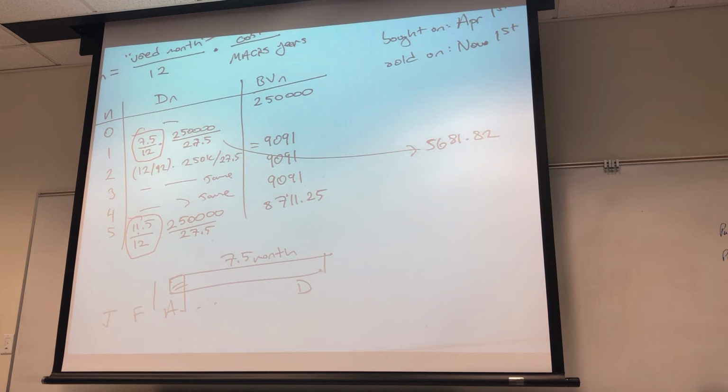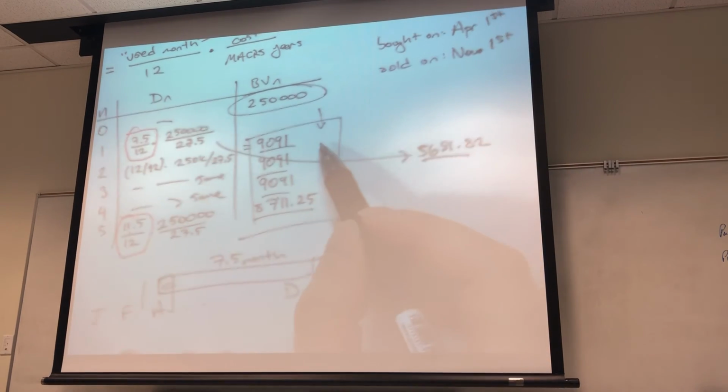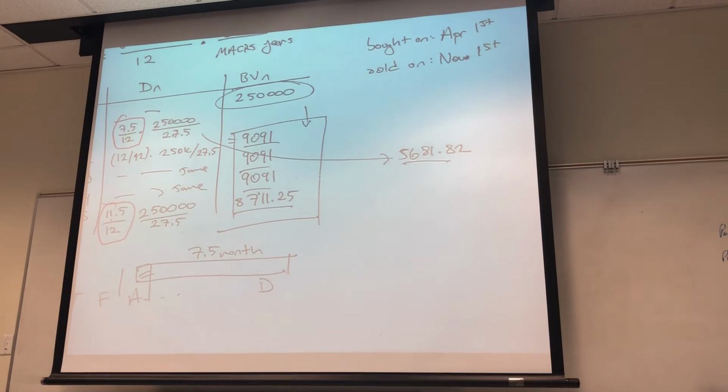So at the end, we get 250,000 minus 9,000 minus 9,000 minus 9,000 minus 5.6 thousand minus 8.7 thousand, which should be BB5 would be equal to 208,700. Something close to this. I skipped some decimals.